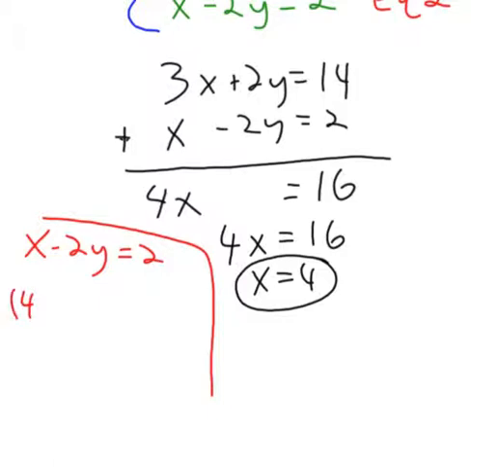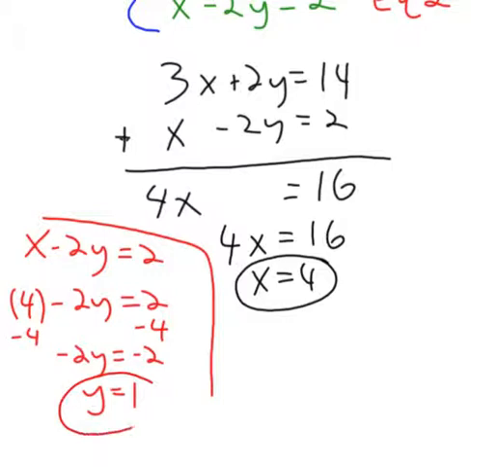So 4 minus 2y equals 2. We'll work our algebra. We'll get negative 2y equals negative 2, and y equals 1. Now that we know our solution set, x and y, we write that as a coordinate point, 4, 1. So there you go, there's the elimination method.